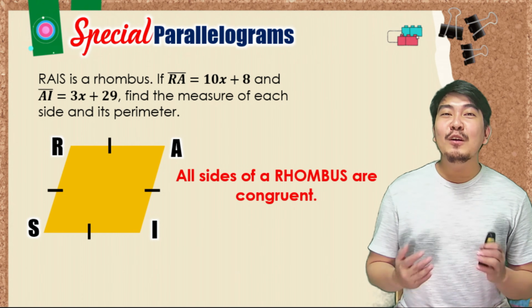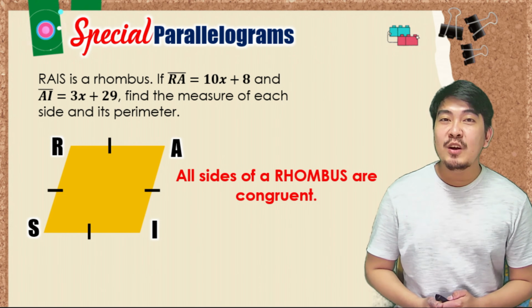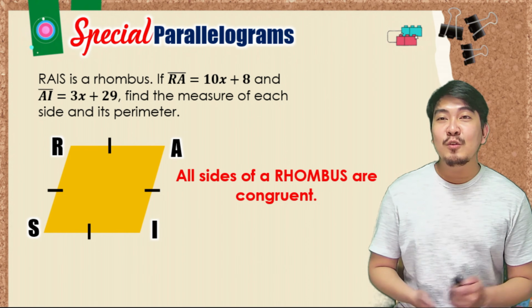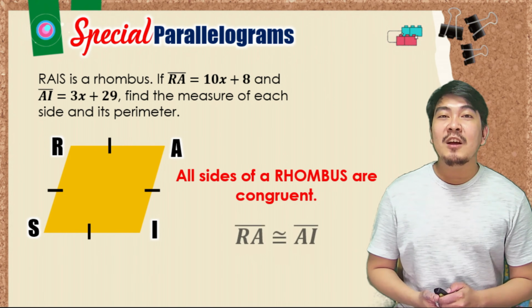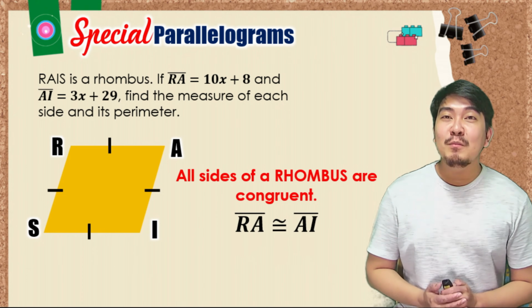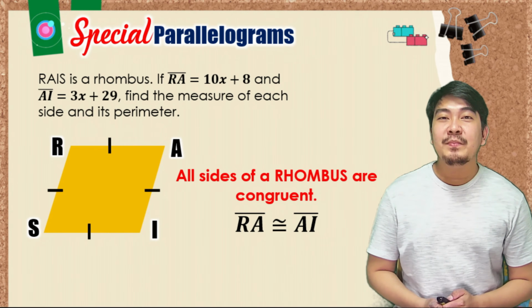So we can use all sides of a rhombus are congruent. So that is based on the definition of a rhombus. Since all sides of a rhombus are congruent, we can say that segment RA is congruent to segment AI. Meaning, whatever the measure of RA is, it is equal to the measure of AI.